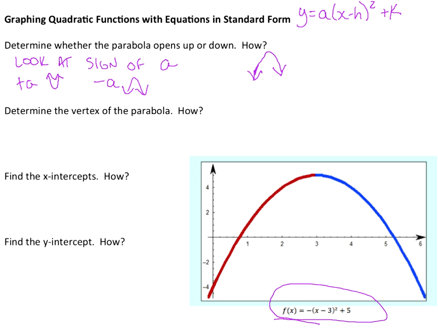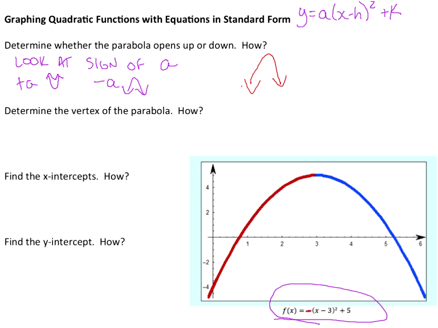So let me make our particular parabola's information a different color. Okay, let's try orange. Our particular one is opening downward since A is negative, and that's right here at the bottom there. Okay, determine the vertex of the parabola.